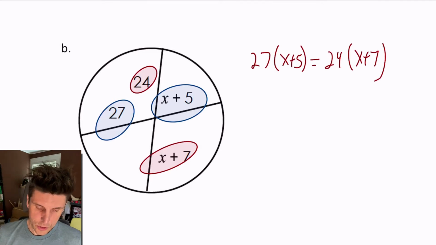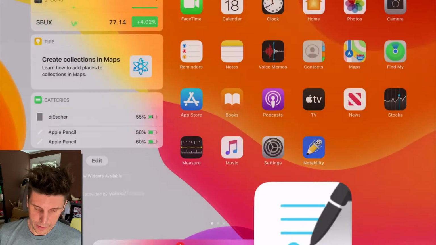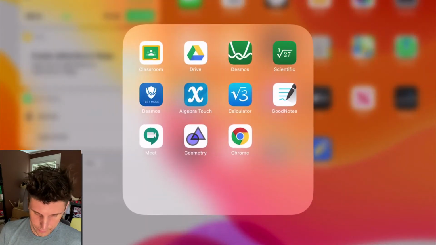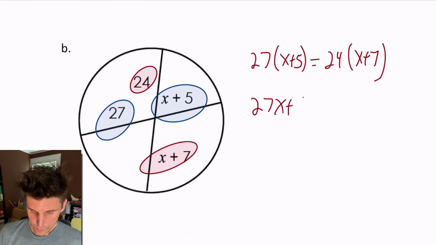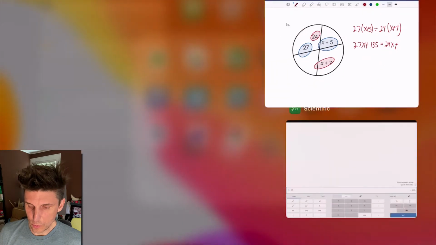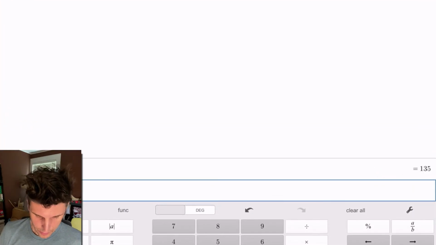So I have 27x plus 5 times 27. 5 times 27 is 135, equals 24x plus, and then 24 times 7. I should know this, but it's 168.